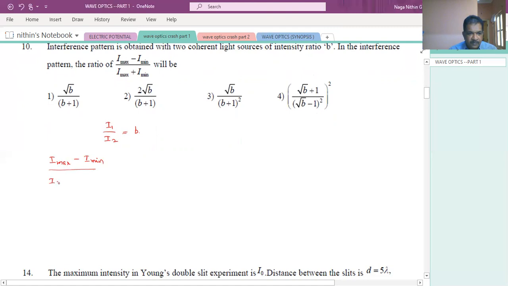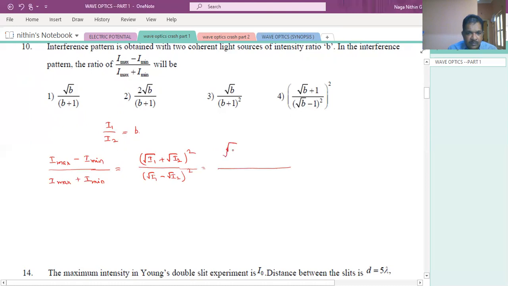This is fringe visibility that they are asking. I max in terms of I is (root I1 plus root I2) whole square, divided by (root I1 minus root I2) whole square. I am writing this in this format.